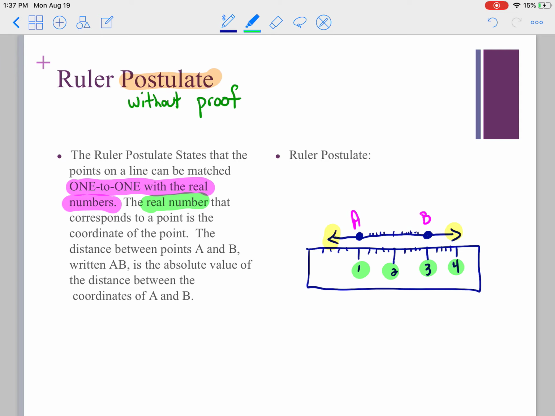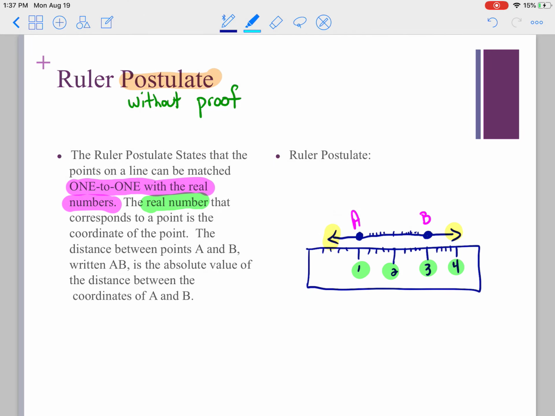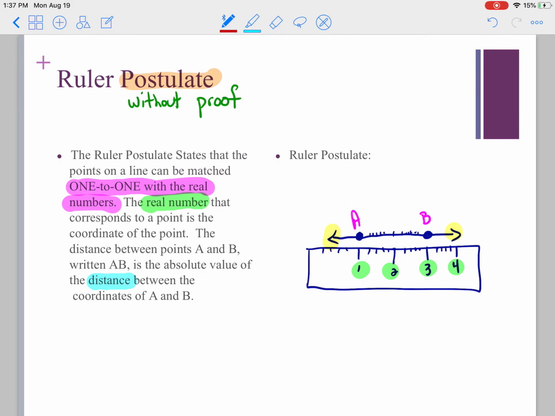One other thing that I want to remind you of, and this is from algebra. We are also going to begin working with distance. Remember that distance is always positive.